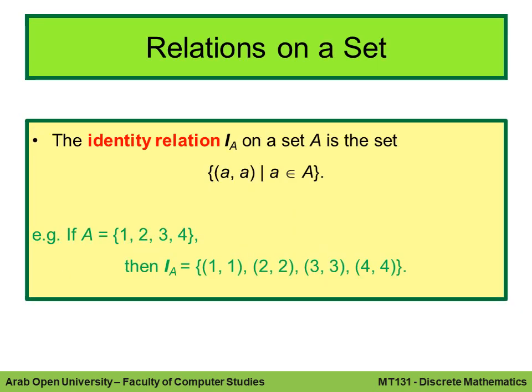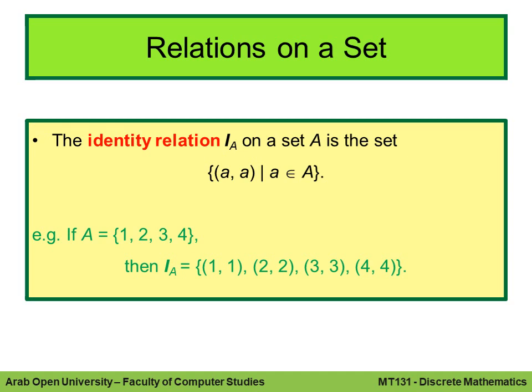There are special relations. One is the identity. This is the identity on a set A. This is the set of all ordered pairs (a, a), where the first element equals the second element. By the way, if you use a matrix to represent this relation, this relation will have 1s on the diagonal and 0s everywhere else.